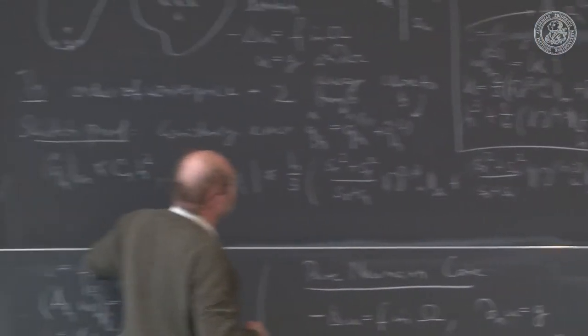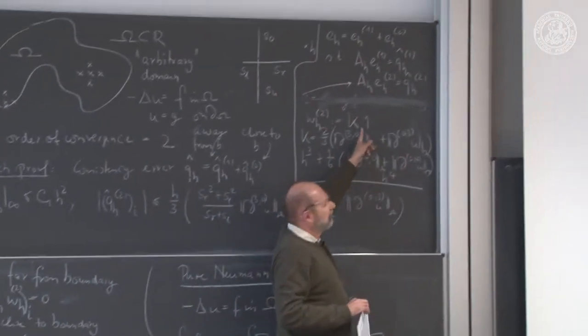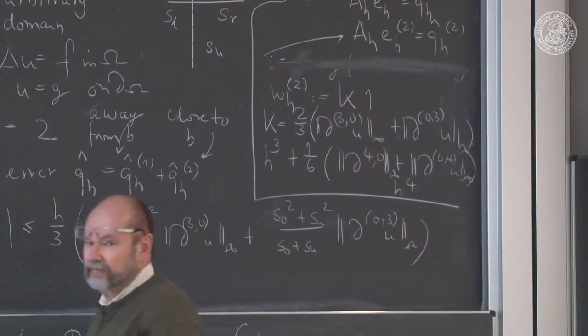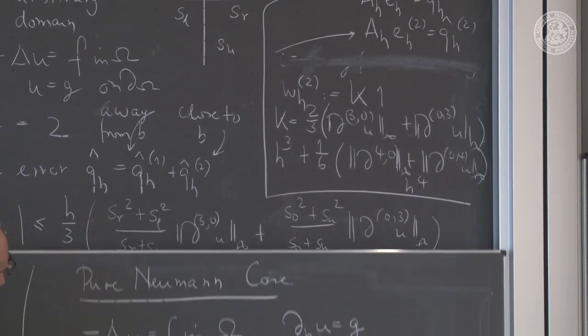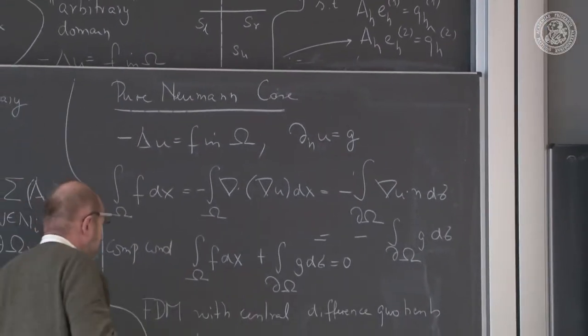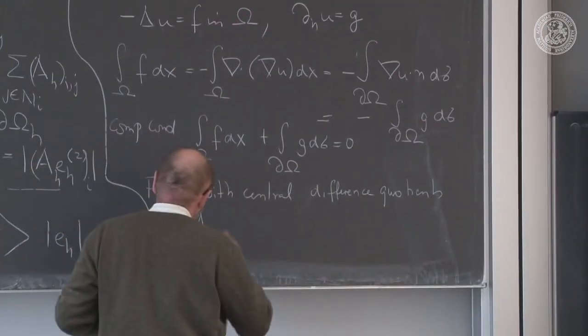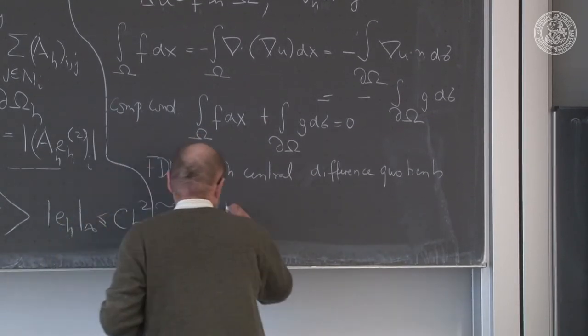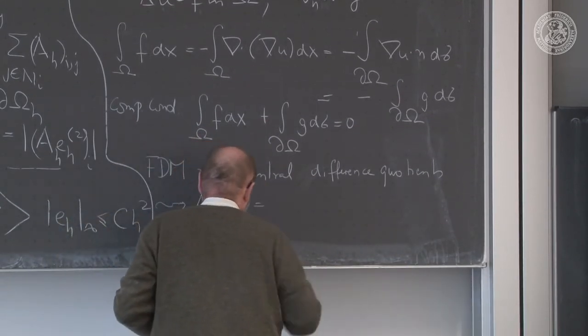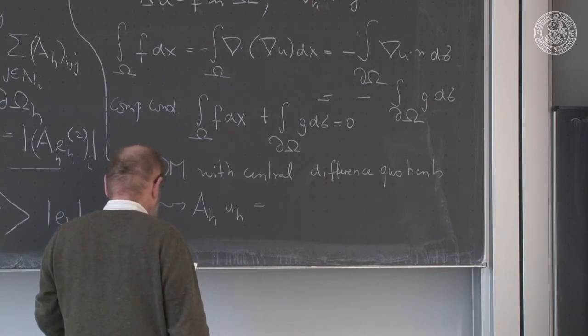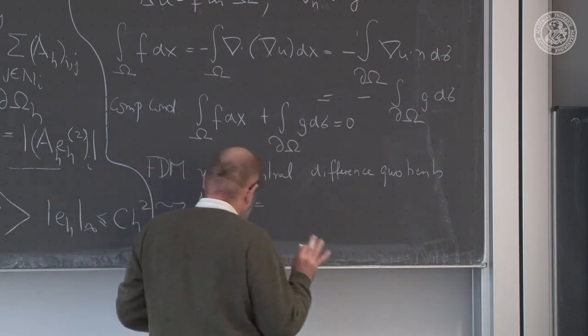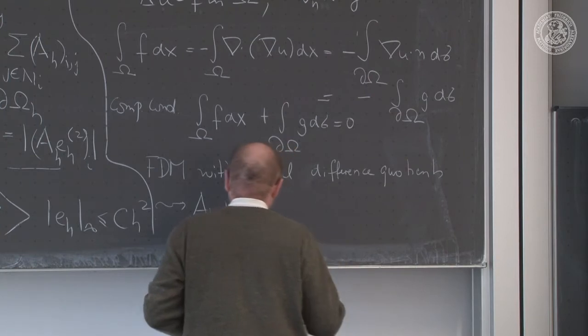The constant 1 vector, this guy here, is then in the kernel of the matrix. And we get a system of equations which basically looks like that. I will not really formulate it out.